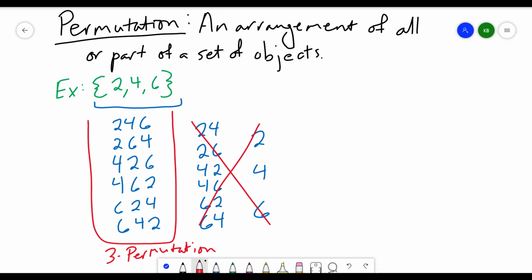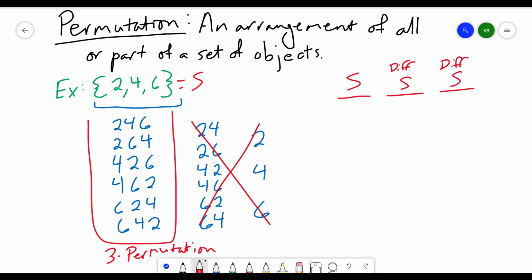So if we were to try and count how many permutations there are of a set of 3 objects, then we basically are looking at having 3 blanks that we're filling in. And I know that they're from my set, say S here. So this is S, and this is a different element in S. And this is yet another different element in my set S. All right.